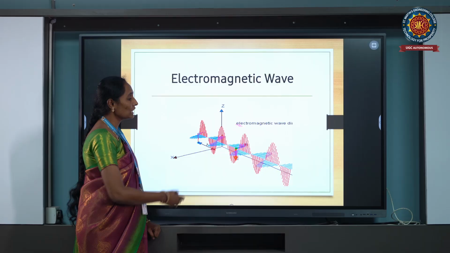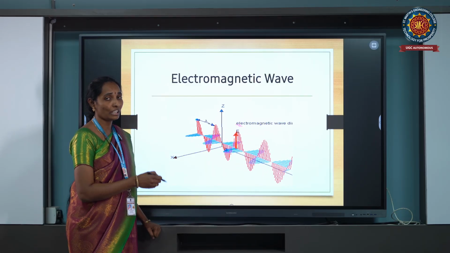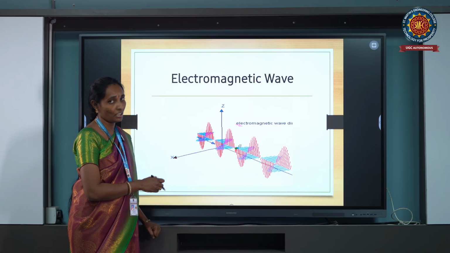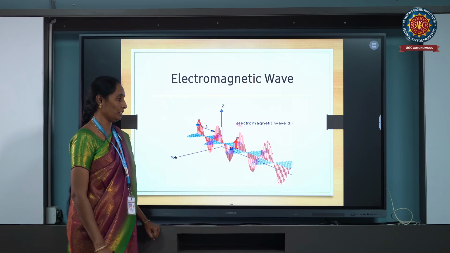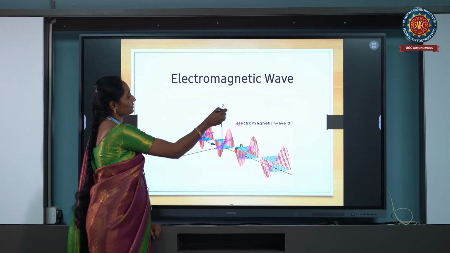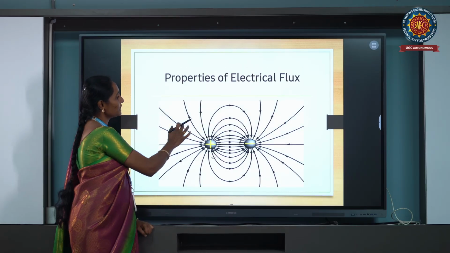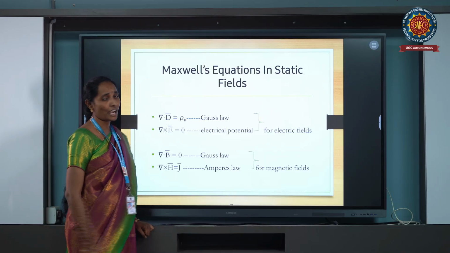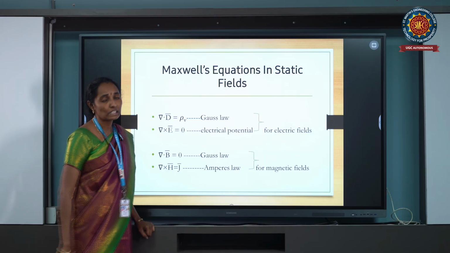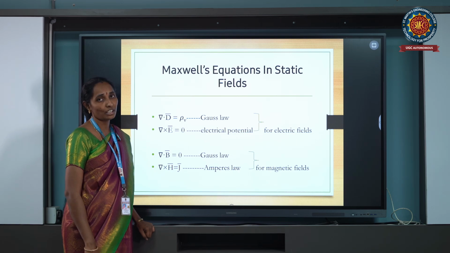Here the electrical field and magnetic field have a relation in the time varying condition. For finding this relation, we use Maxwell's equations. These are the four Maxwell's equations in static field. Why are we considering Maxwell's equations in static field?